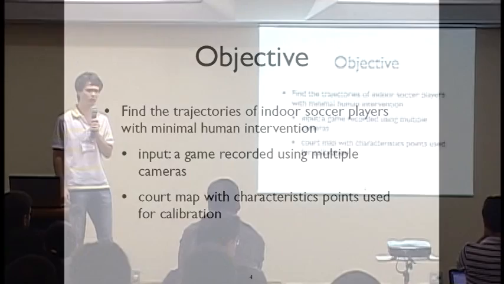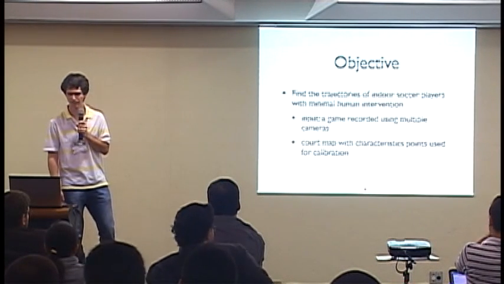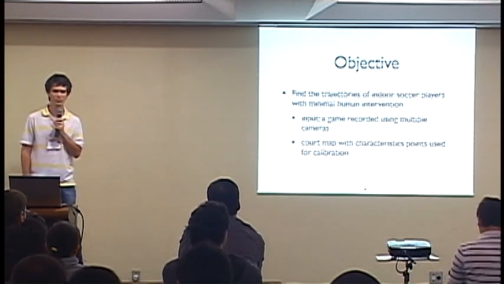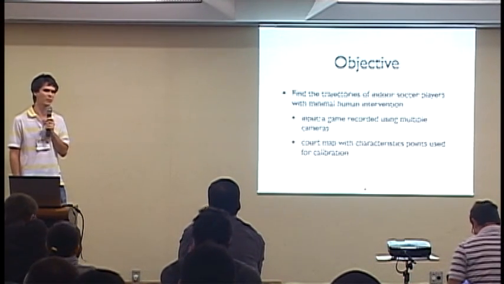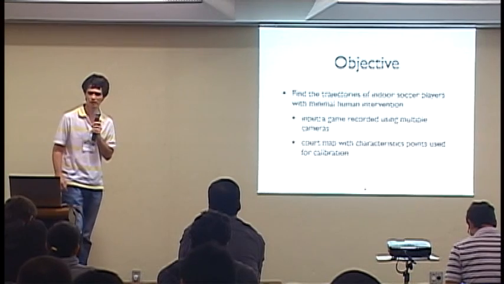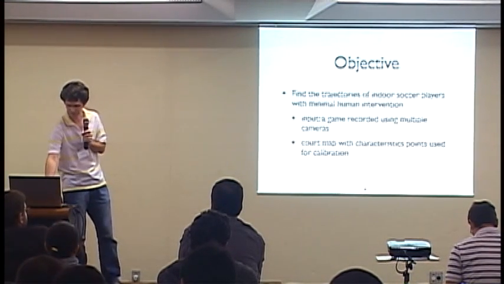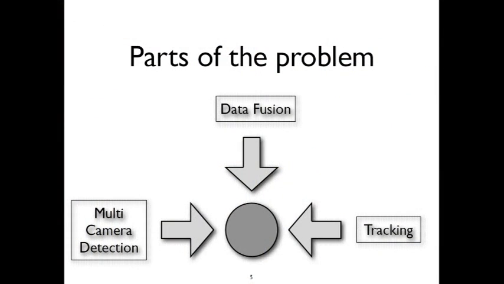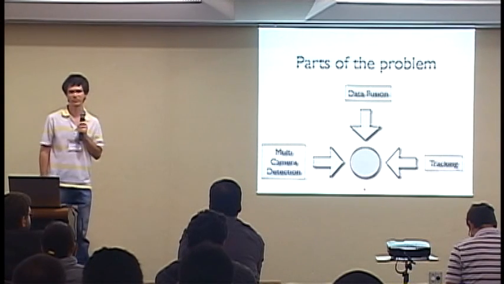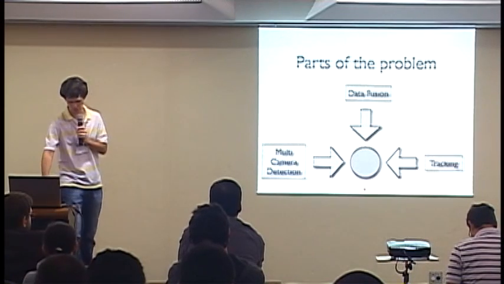Our input is a game recorded using multiple cameras and a court map with characteristic points to make calibration. Our problem is divided into three main parts: multiple camera detections, data fusion, and finally tracking.